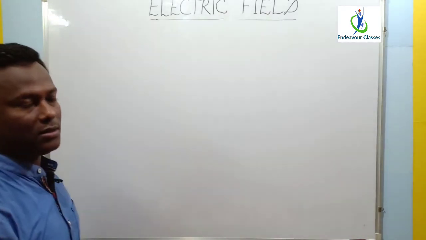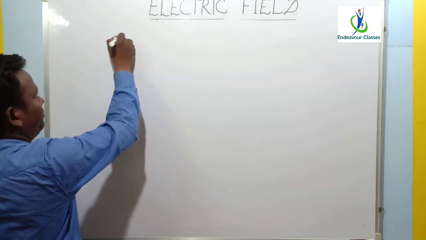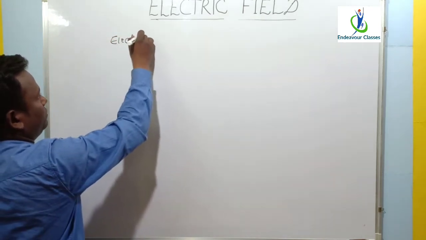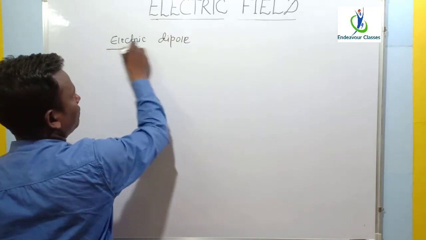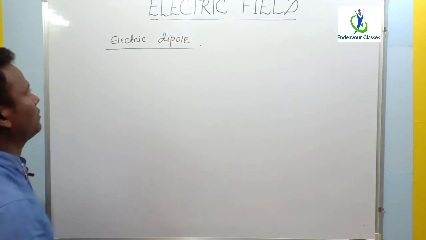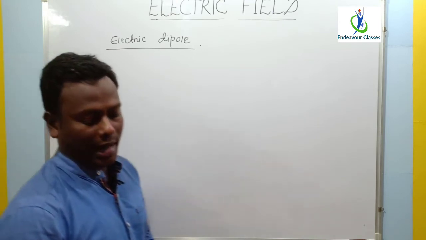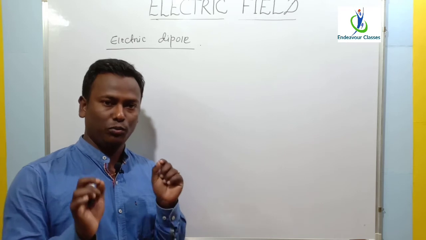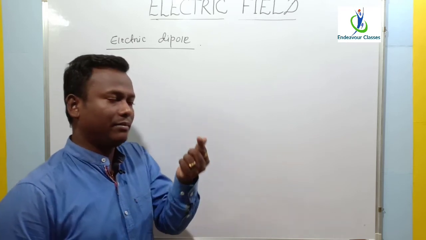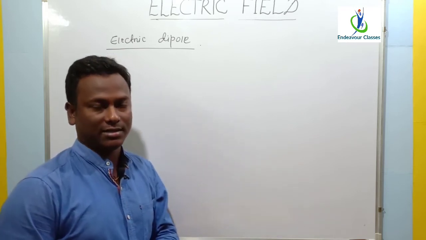So now let us discuss the electric dipole. As the name suggests, it is a dipole, that means it has two polarities. That means there must be a positive and a negative charge.